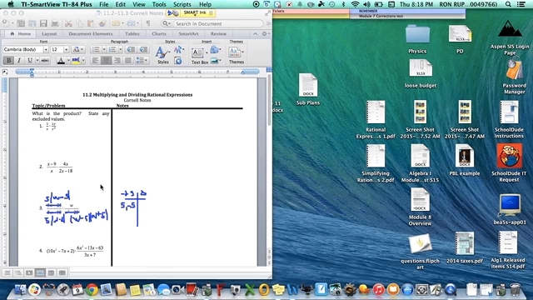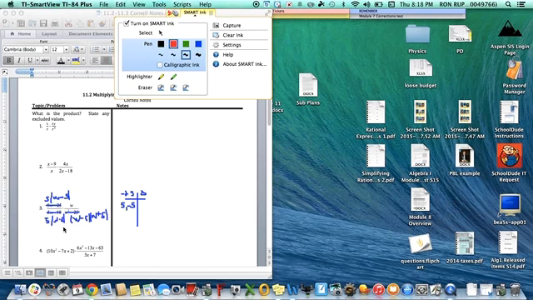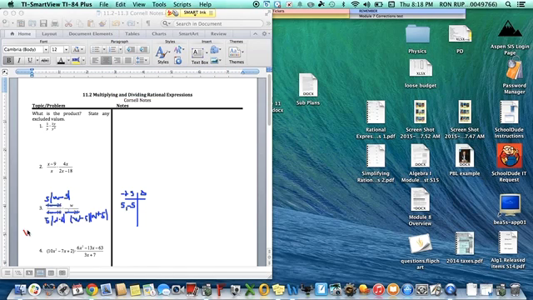So before you get all crazy and start canceling stuff out, you need to find your excluded values. So you set W minus 2 equal to 0. And you set W minus 5 and W plus 5 equal to 0.